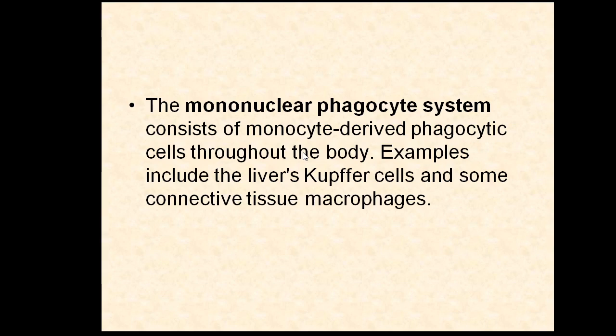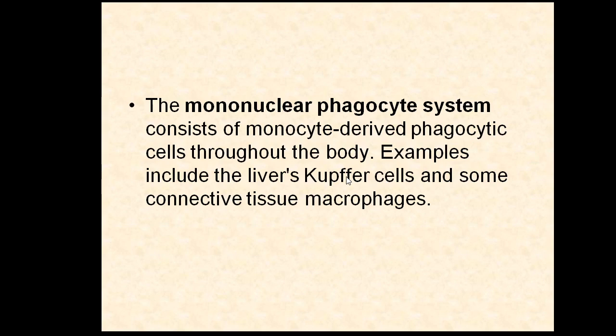For example, in the liver, it is the Kupffer cell. In skin, it is the Langerhans cell. In pleura, it is the pleural macrophage. In lungs, it is dust cells. And in nerve tissue, it is microglial cells.